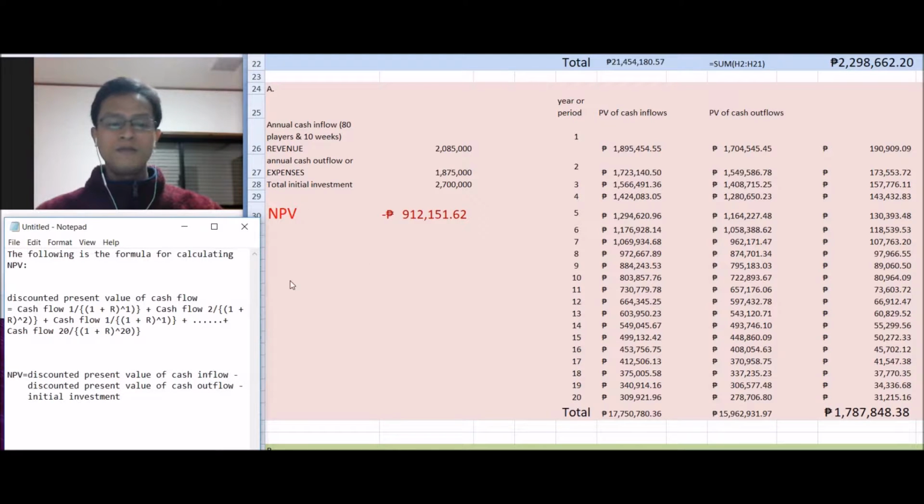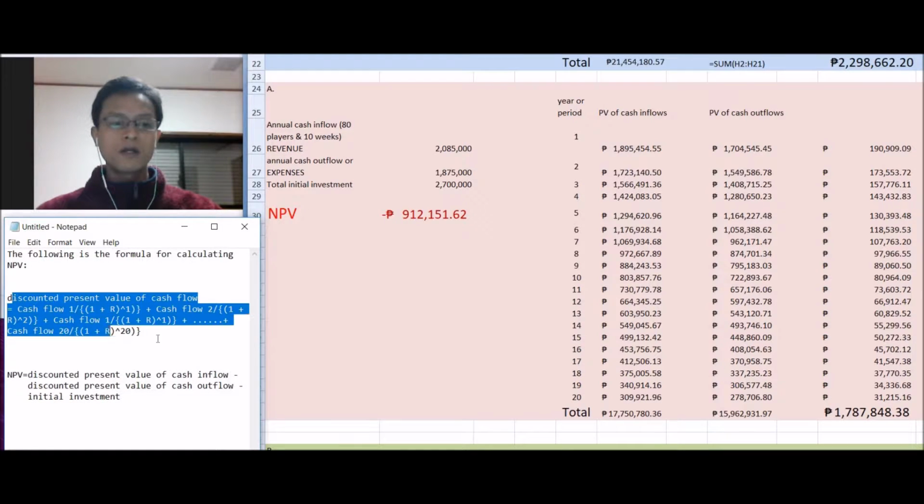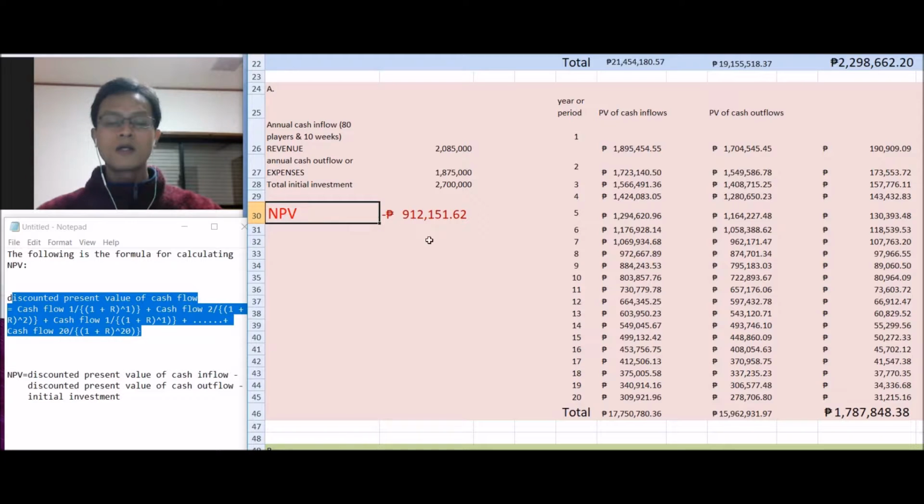So I have here the calculation already done. However, the formula is here. Before we can solve for the NPV, I'll find the discounted cash flows of inflows and outflows.